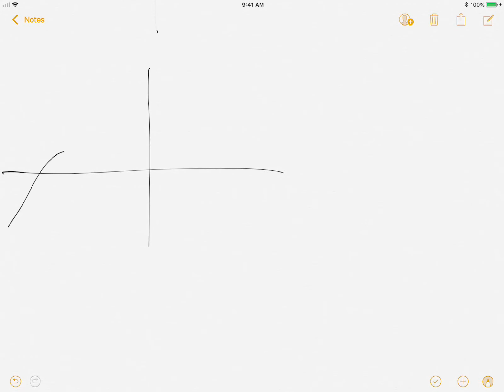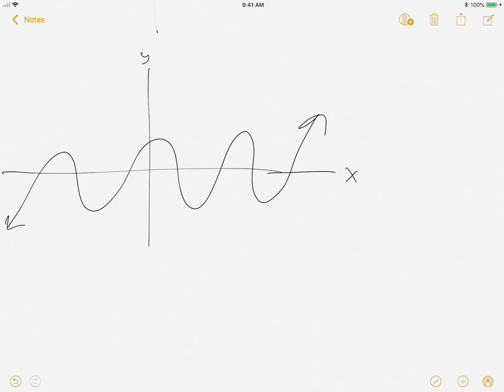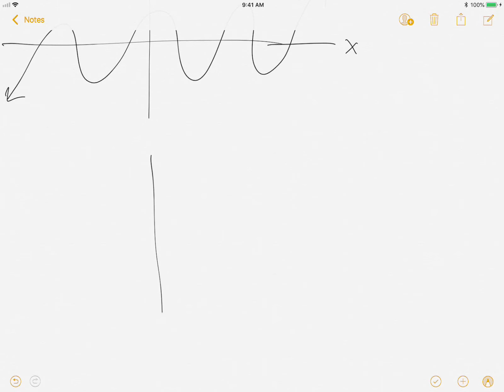Look at this one. Function or not? It is a function. What about this graph? Is it a function or not? It's not a function.